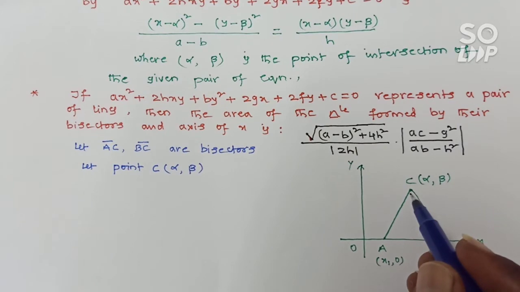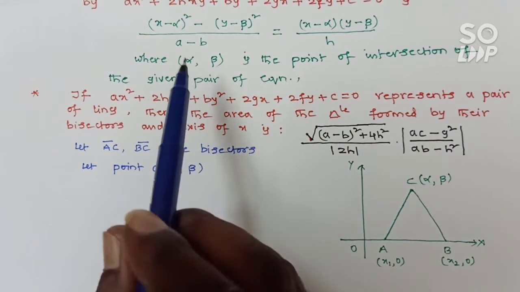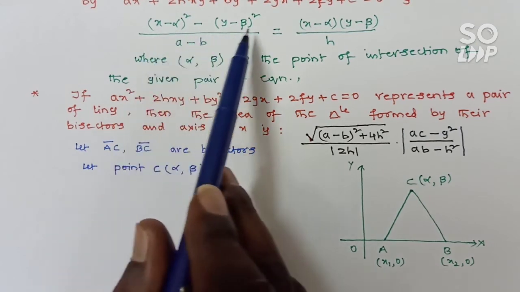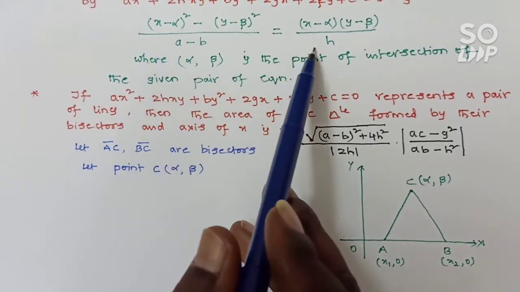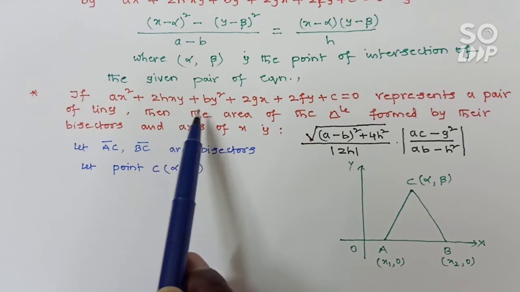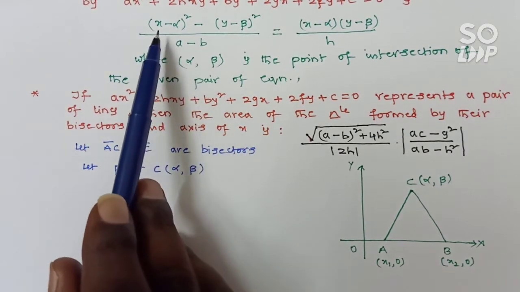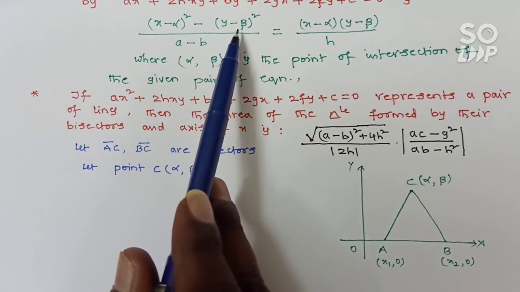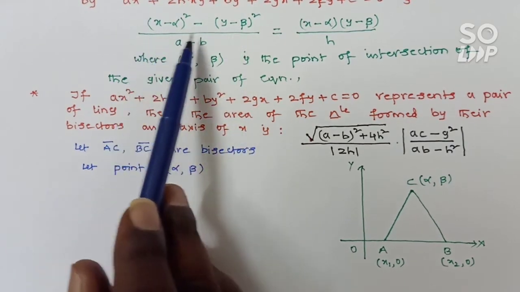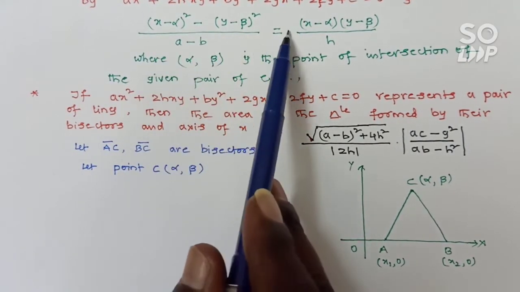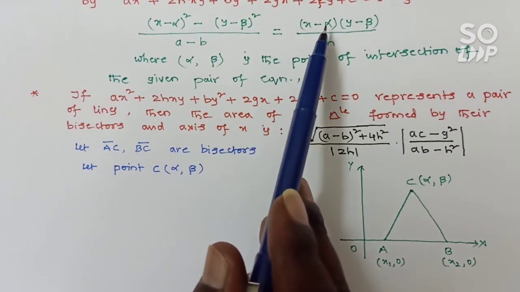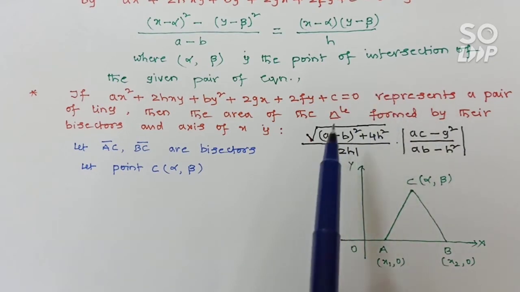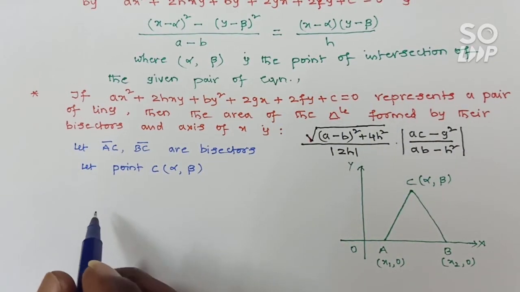We know already, in the above statement I said what the pair of angular bisectors of the given non-homogeneous equation is: x minus alpha whole square minus y minus beta whole square, whole divided by a minus b, is equal to x minus alpha into y minus beta, whole divided by h. So here you write that equation.